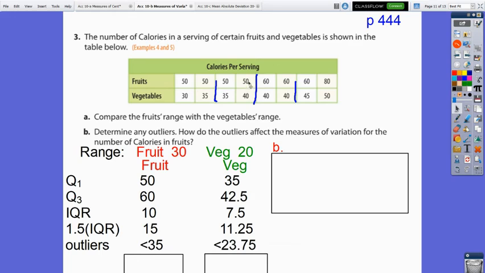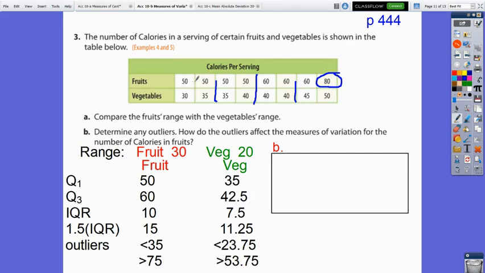On the high end for fruit, is it 15 higher than 60? Yeah, because that's going to be 75. On the veg side, it'd have to be 11.25 higher than 42.5, which is 53.75. No outlier on the veg side, but yes, outlier on the fruit side.